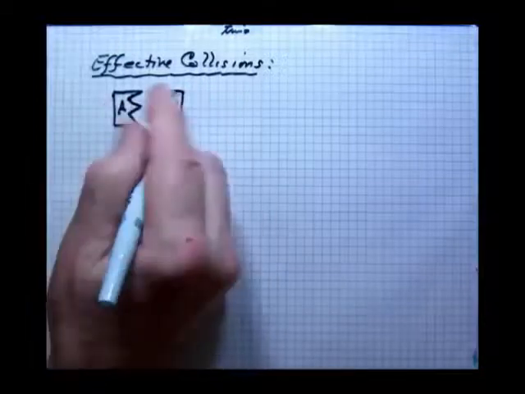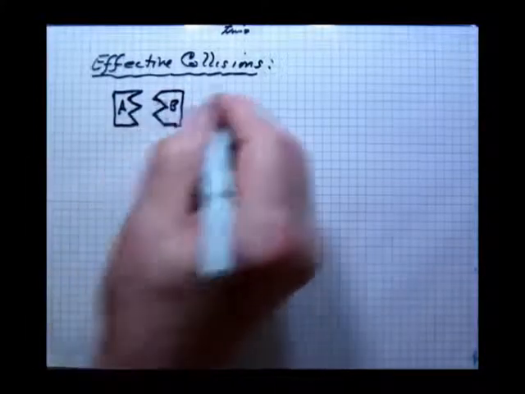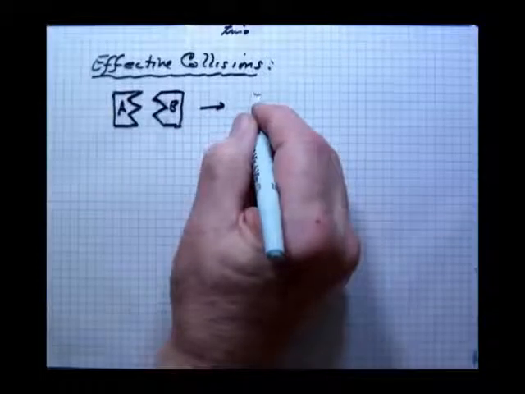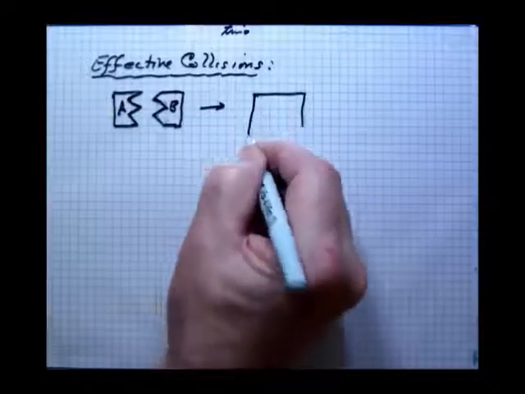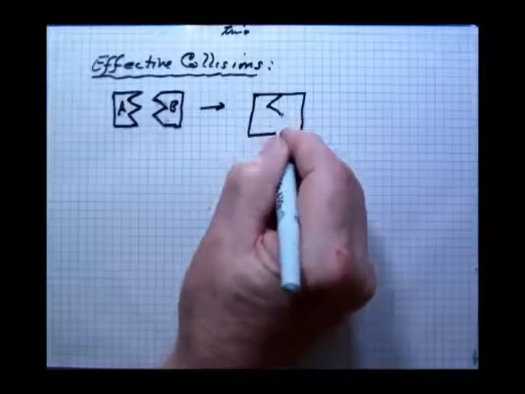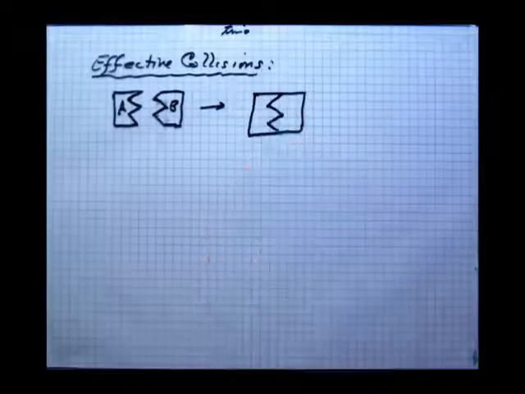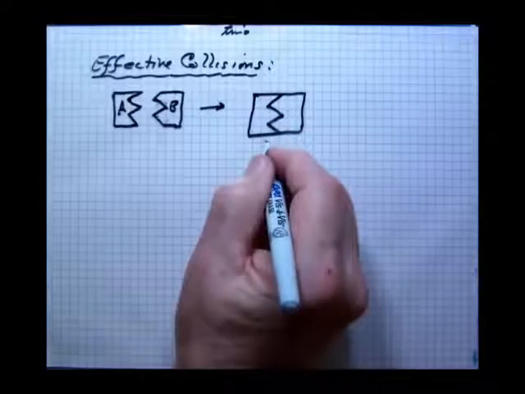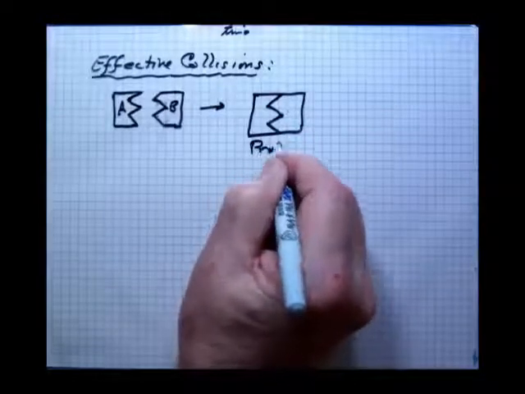If they were to bump into one another in this orientation, what we would obtain is a product that would connect, say, like that. And so A and B have now connected to form a product.